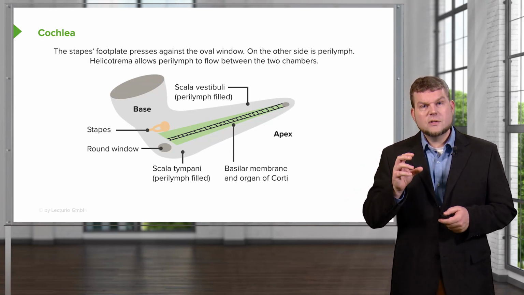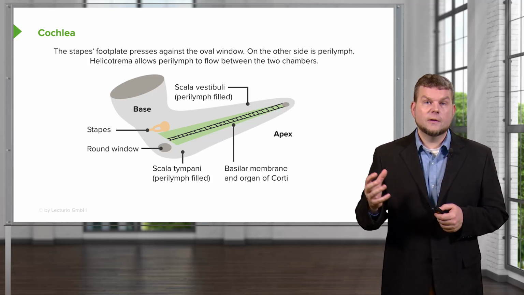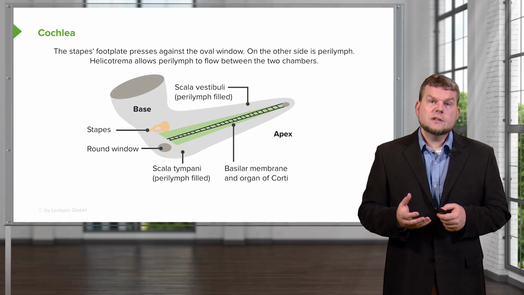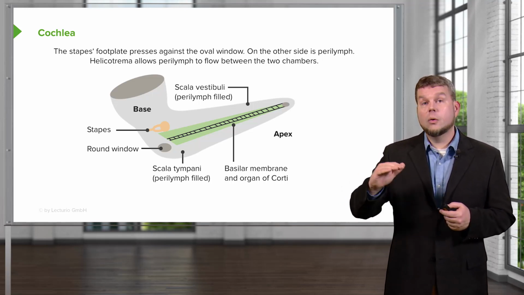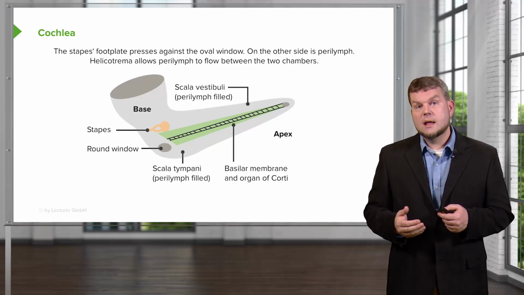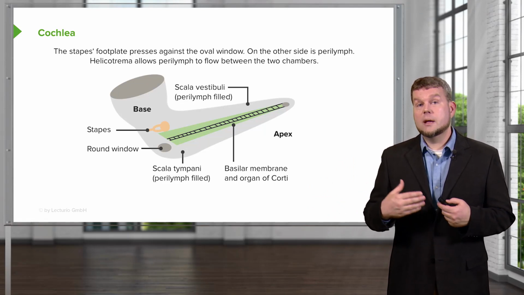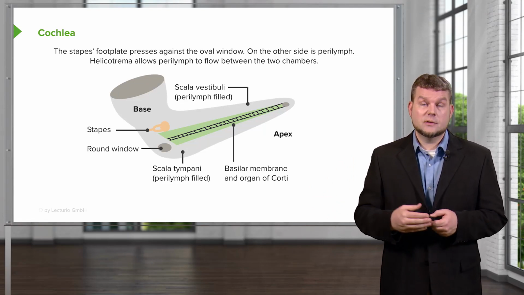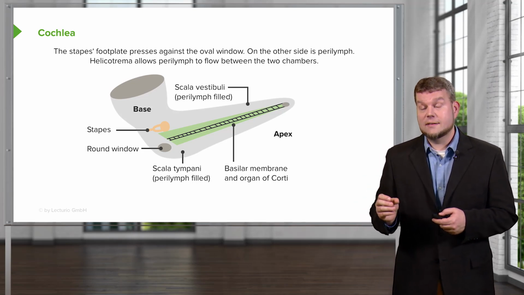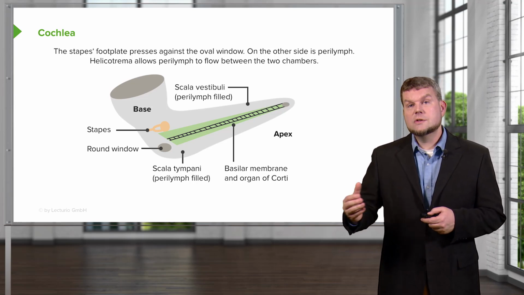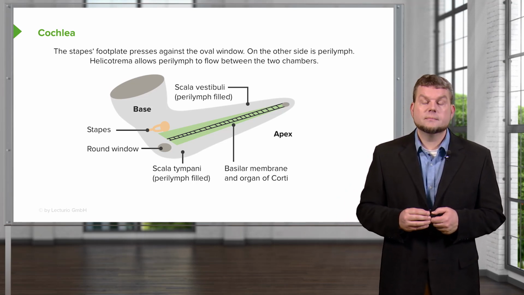You notice that there's also a round window at the end of the perilymph-filled vesicle. This round window allows for vibrations to occur within the whole fluid-filled system. If you didn't have a place to relieve that vibration, you would not be able to transmit a signal into it. You need to have the ability to both vibrate one side as well as to have the opposite side vibrate so that you can transmit that vibration or sound wave.